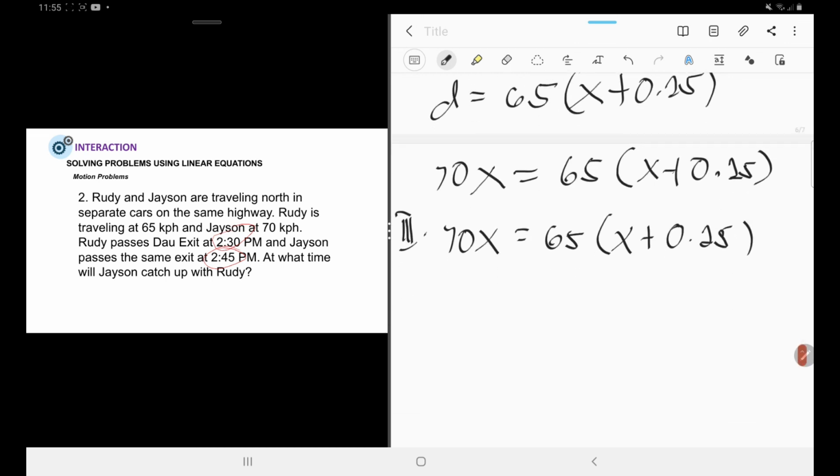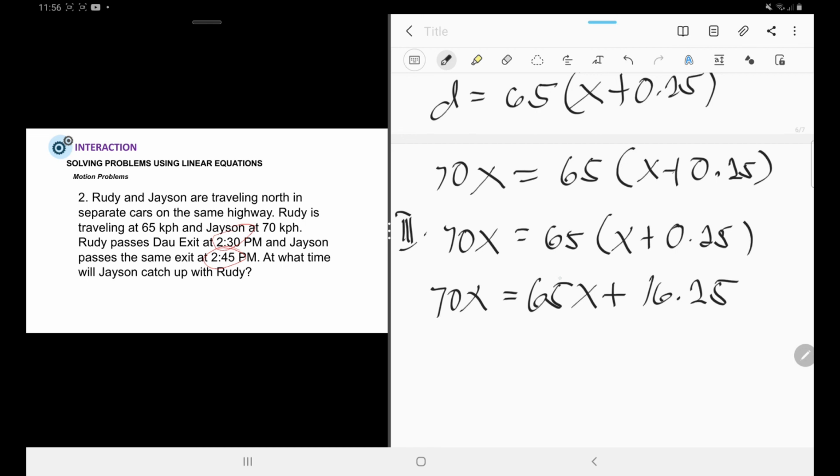Okay, so let us now solve the equation, which is 70x equal to 65 times x plus 0.25. Using the distributive property, 65 times x plus 0.25 is 65x plus 16.25.